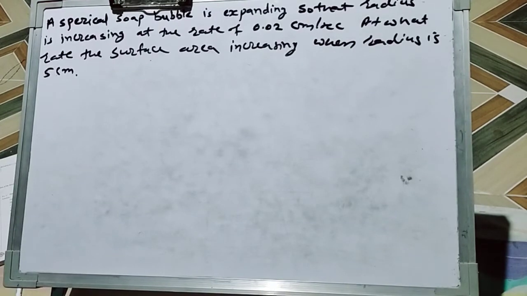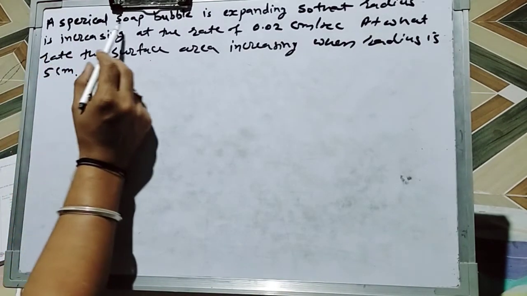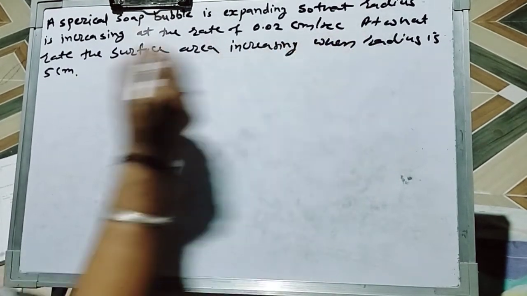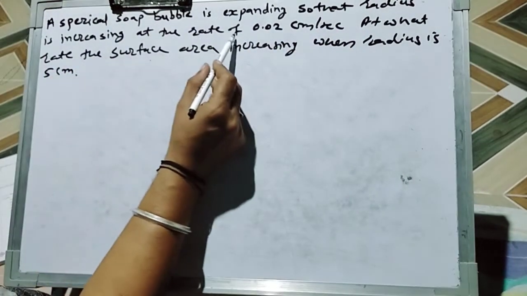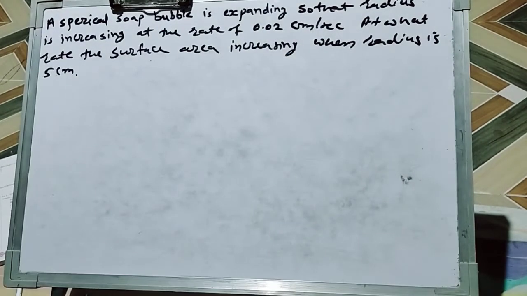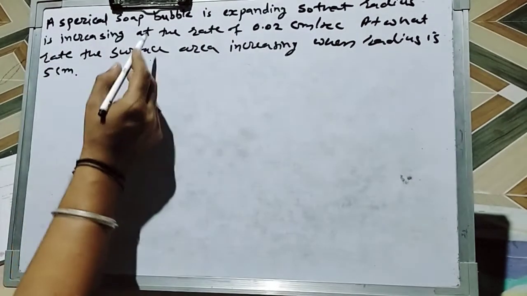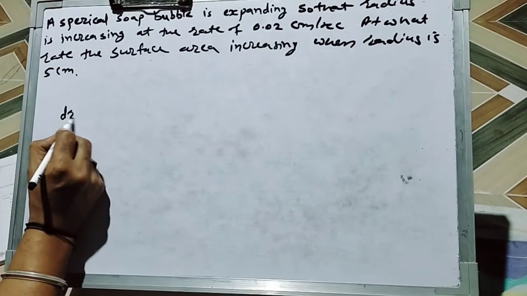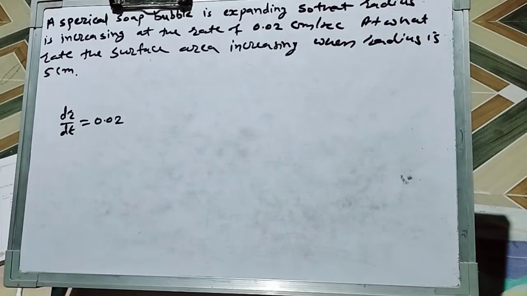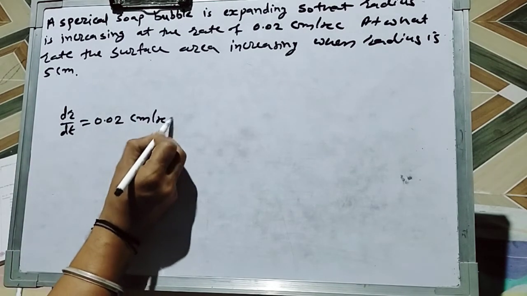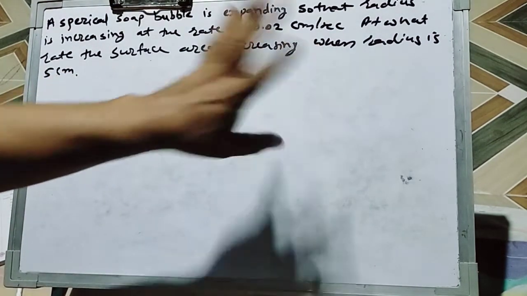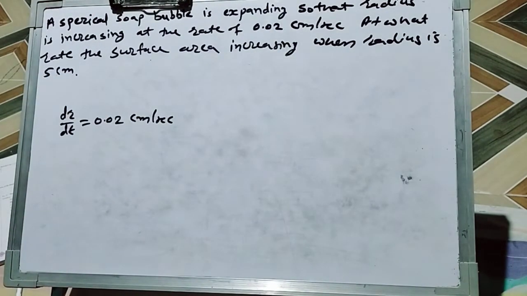Now consider a similar example. A spherical soap bubble is expanding so that its radius is increasing at the rate of 0.02 centimeter per second. So here radius is increasing. So here given dr by dt is equal to 0.02 centimeter per second. Now at what rate is the surface area increasing when radius is equal to 5 centimeter?